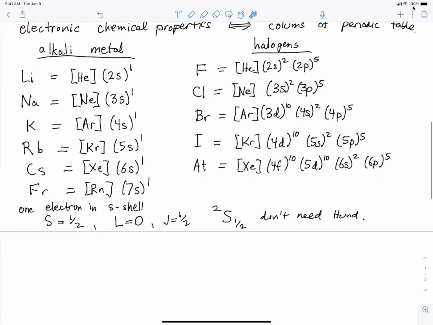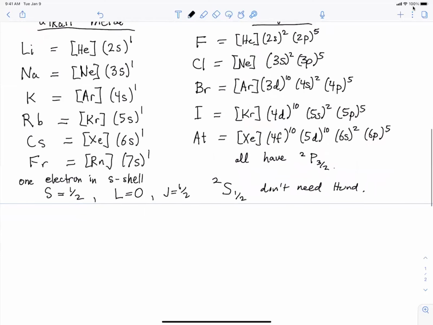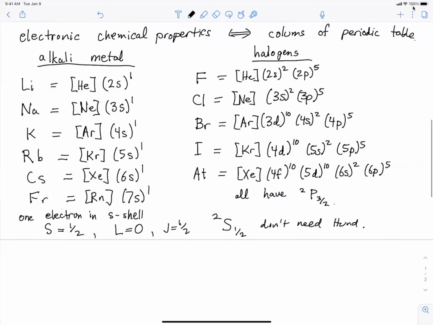And so these all have the same spectroscopic term notation again, which is 2P 3/2. Okay, and we will understand that a little bit more easily when we do some easier examples first. And so we'll come back to the halogens in a little while.